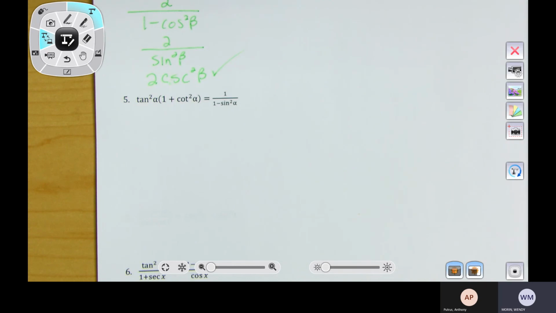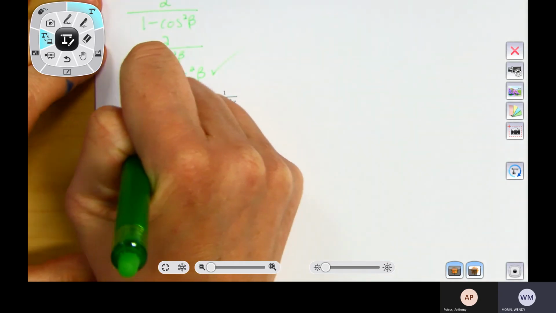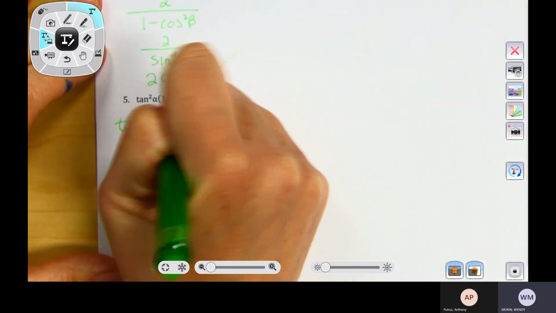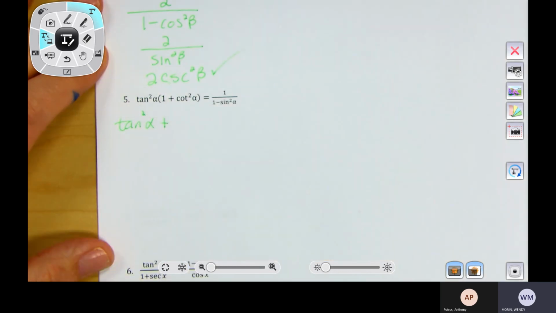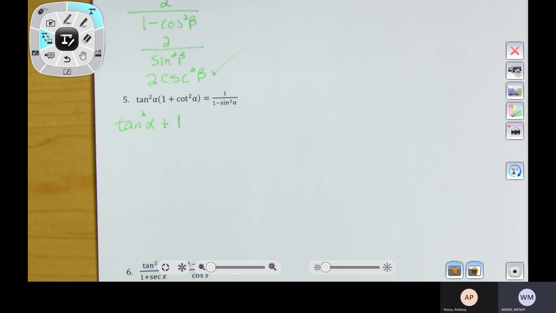Any ideas? I see 2 things that come to mind. Anybody help me out here? What do I want to do on the left? Okay, let's distribute. Let's try that. Tan squared alpha. What is tan squared times cotan squared? Tan times cotan. It's 1. They're reciprocals. So that's distribution.